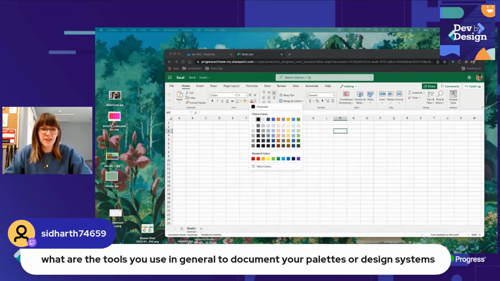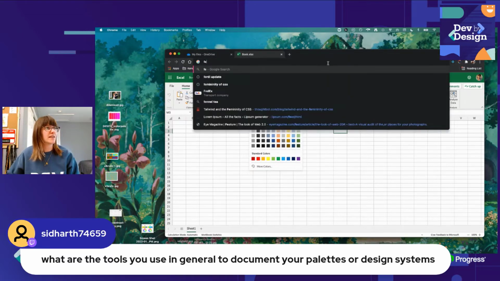Question over here. What are the tools you use in general to document your palettes or design systems? This is a really good question. So I am really partial to Figma, right? I think Figma has some really strong tools, especially around design tokens, around colors. We'll pull that up.